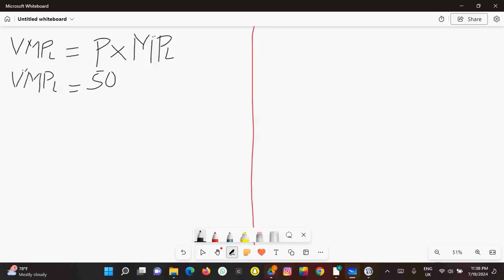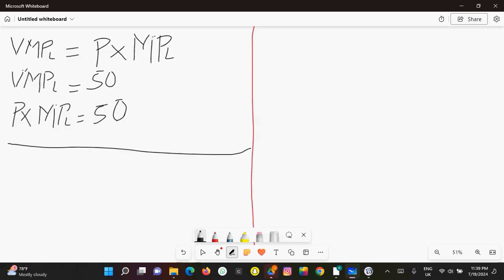So it means that P times marginal product of labor is equal to 50.